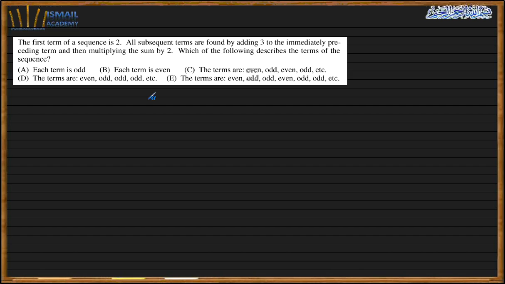So if I want to do a subsequence, so if I have un, which is the preceding term, then multiply the sum by. So see, this is 2 times a number which is even. Each term is even. B is my answer.